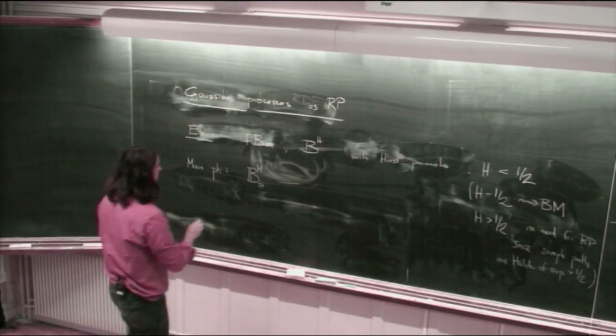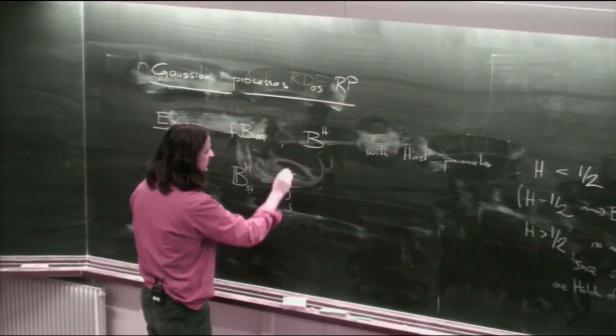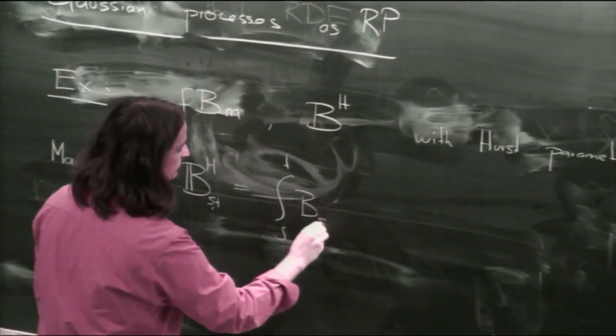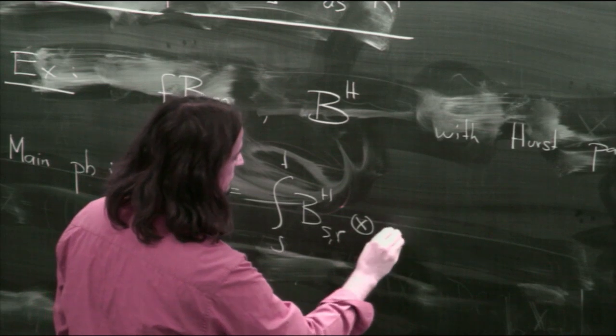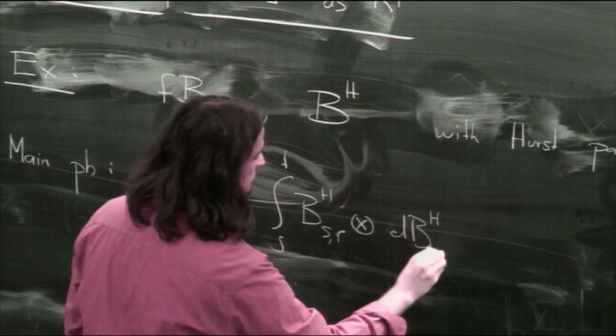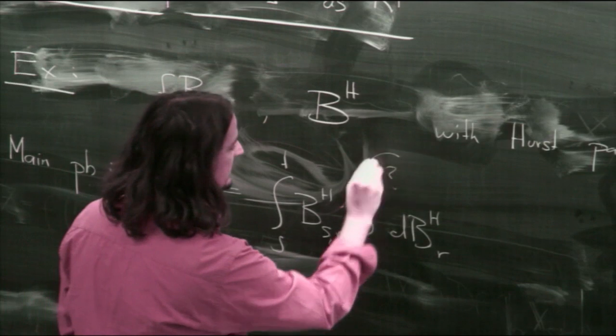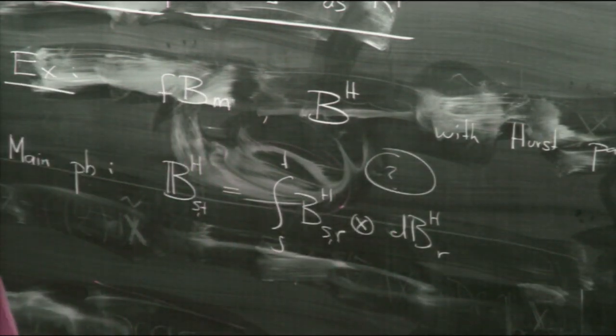Now here you can try the same thing, but what is this guy? B^H is not a martingale, so how do you do it?